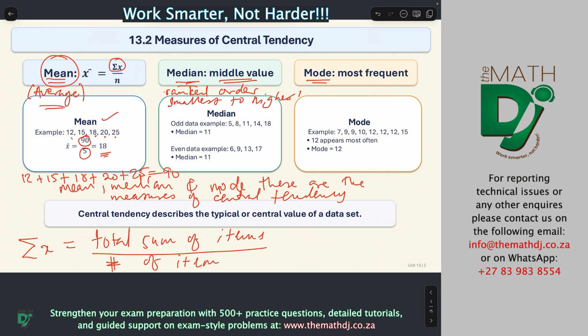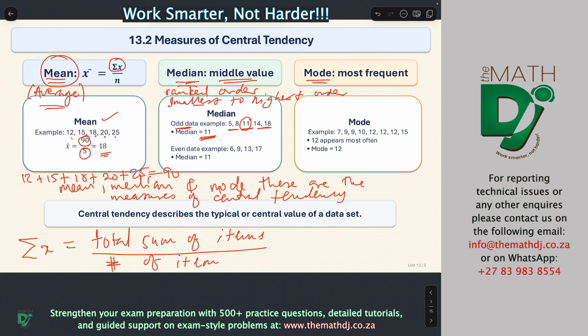If your numbers are not already in order, then you have to rearrange them first before you calculate the middle value. In this case, you can see 5, 8, 11, 14, 18. They are already in ascending order. The middle value is 11, because there are 2 this side and 2 this side. So the median is 11. This is for odd, which means when the count is not even.